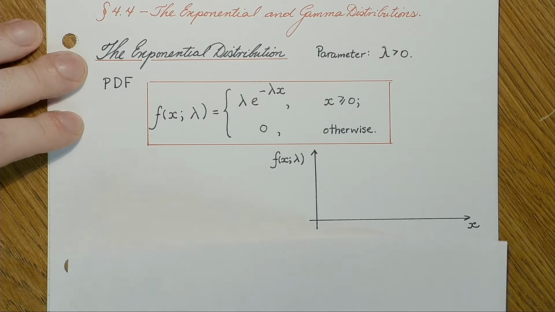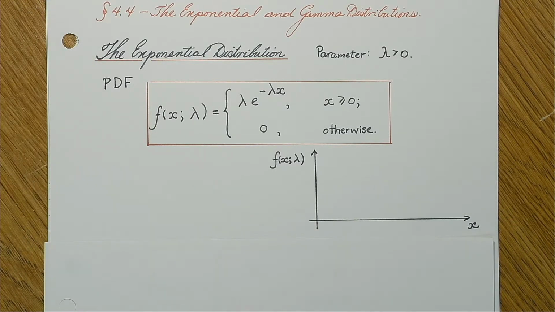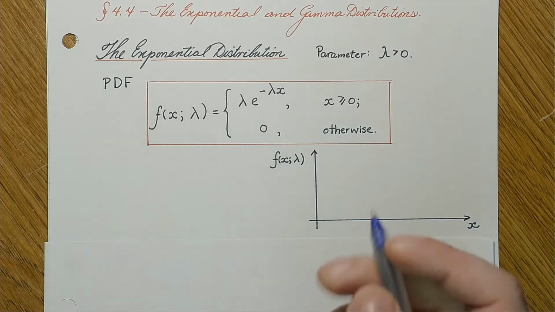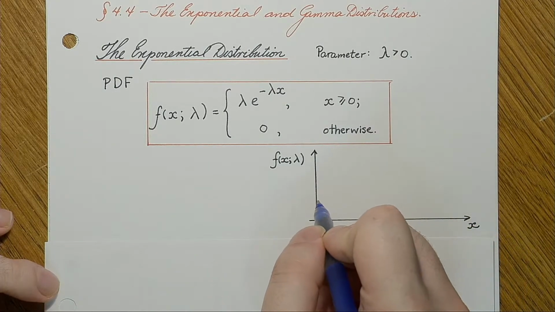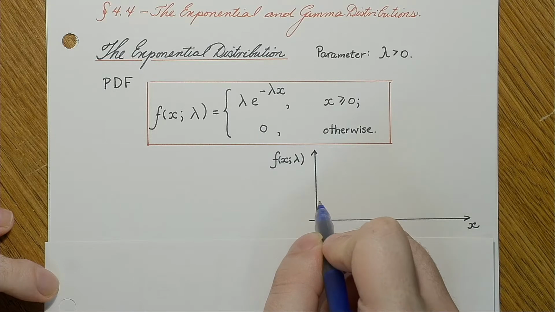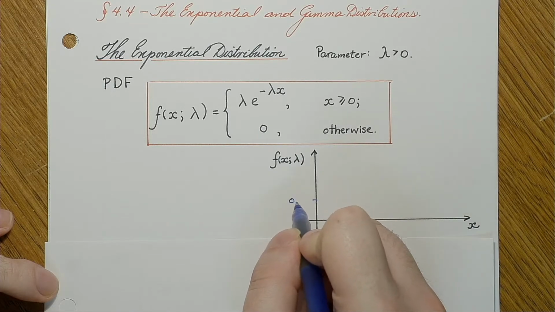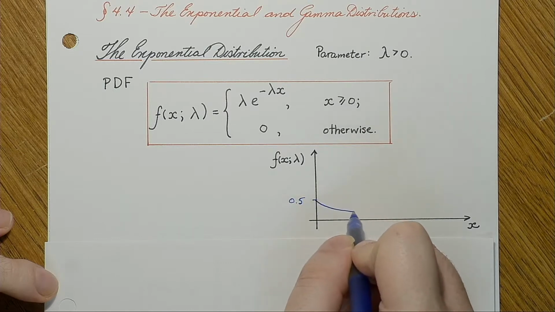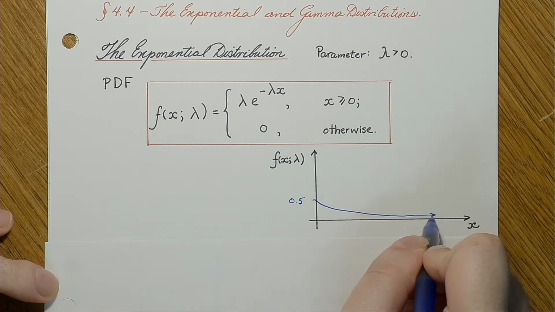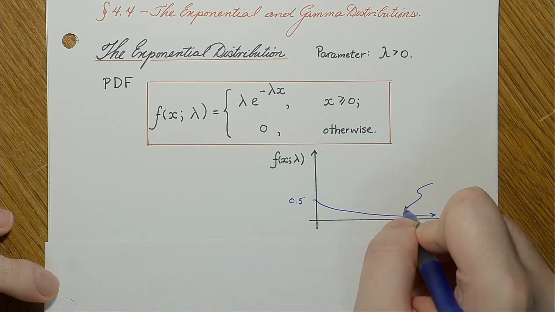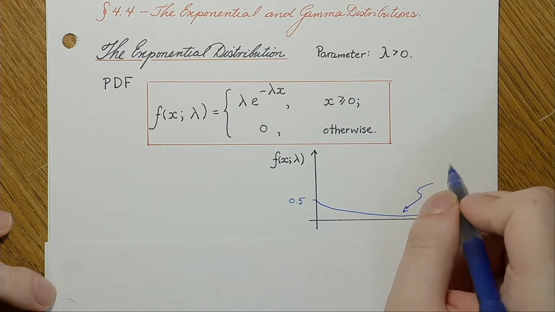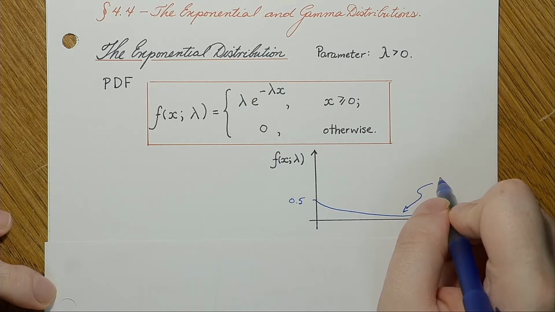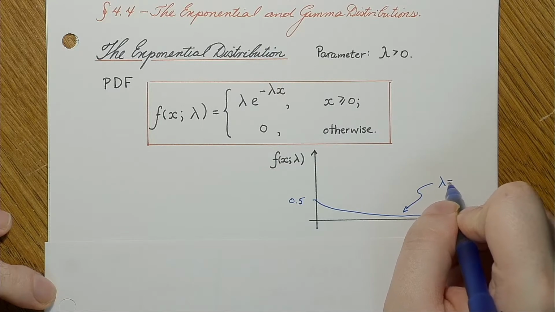And so you might be thinking, what does that kind of look like? Well, say for 1, this would be, say, around 0.5. That's what that exponential function looks like when I have, say, lambda equal to 1.